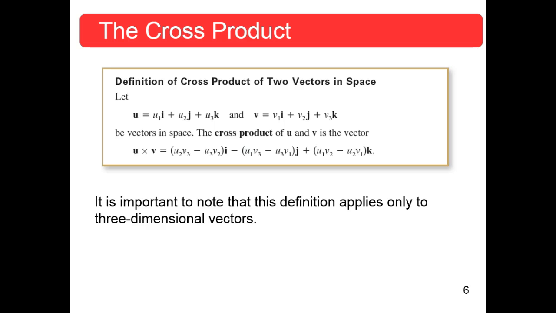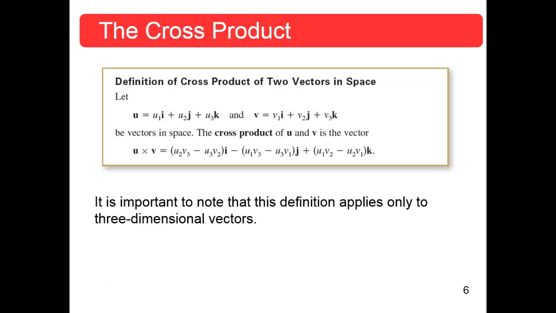The cross product of u and v is then a vector, and this is how you do it, but this isn't the easy way to do it. U cross v would then be (u2v3 minus u3v2) times in the direction of i, minus (u1v3 minus u3v1) in the direction of j, plus (u1v2 minus u2v1) in the direction of k.